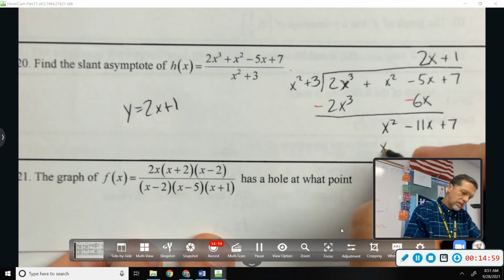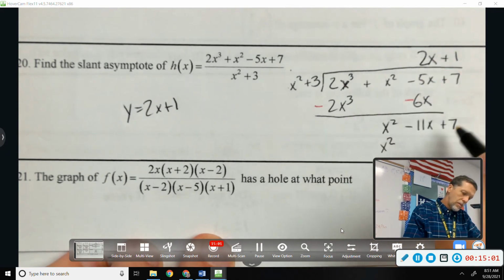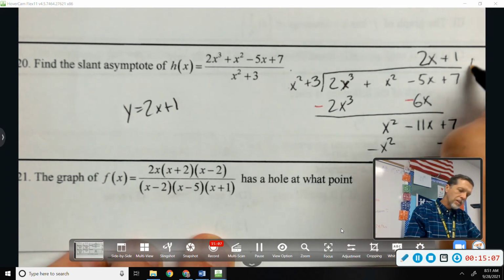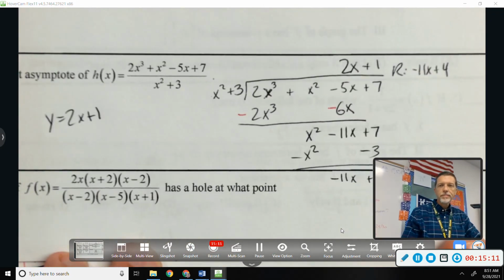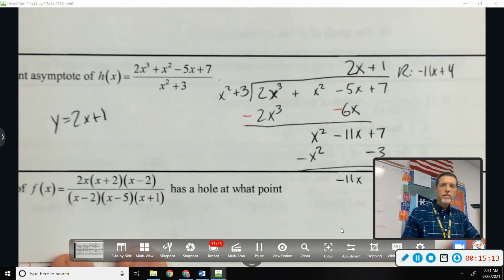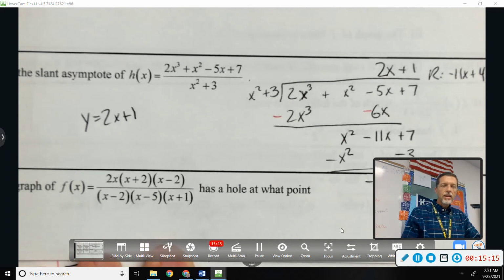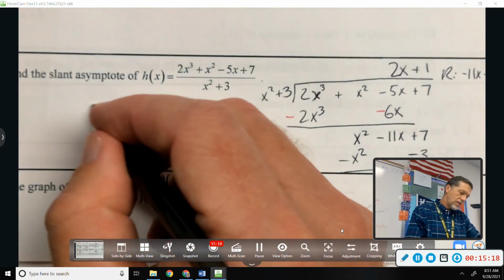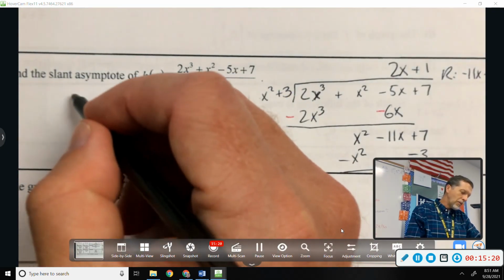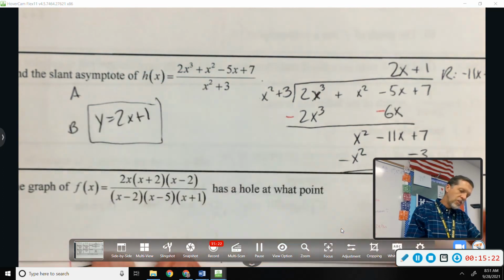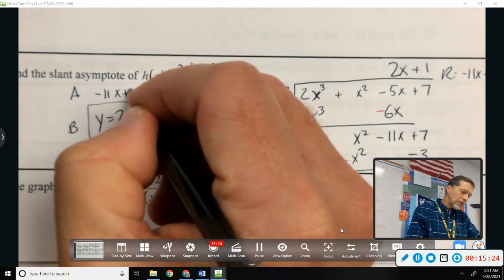I mean, I can, but that would be my remainder. Negative 11x plus 4. Well, I never asked for the remainder. Not in this section. My guess would be that would be a great multiple choice distractor. Just put the remainder on there as one of the answers.